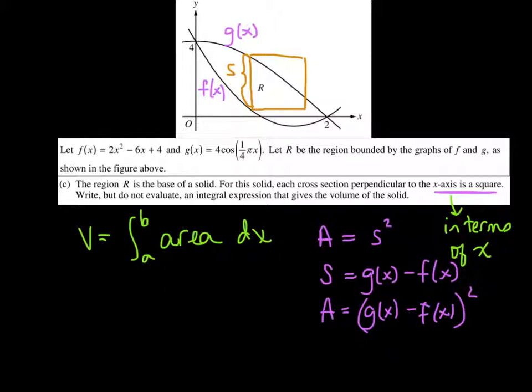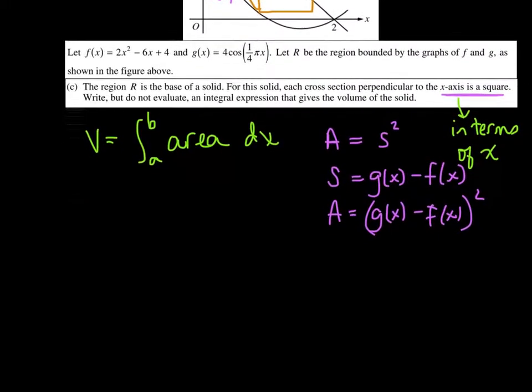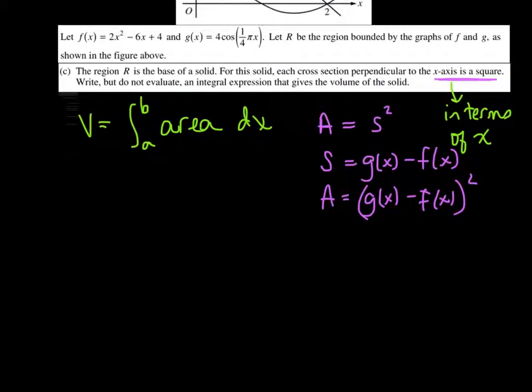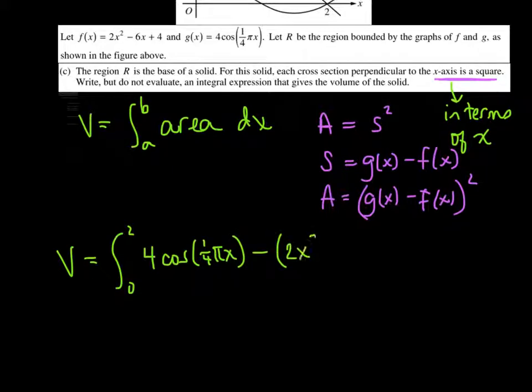Now, I'm just going to write that shorthand off to the side, but when I actually go in and plug in my volume formula, that's when I put in the actual functions appropriately. So my volume equals the integral from, it's still 0 to 2, that's what's holding that on the x-axis, of g of x, which was 4 cos(1/4 pi x), minus f of x, which I have to put in parentheses, 2x squared minus 6x plus 4, all of that quantity squared dx.